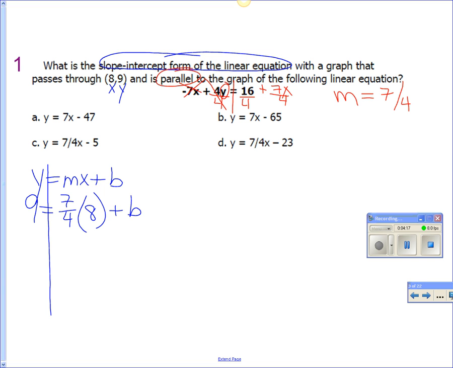All right, 7 over 4 times 8. And then I'm going to move the 14 over here and subtract it. So I get negative 5 equals b.